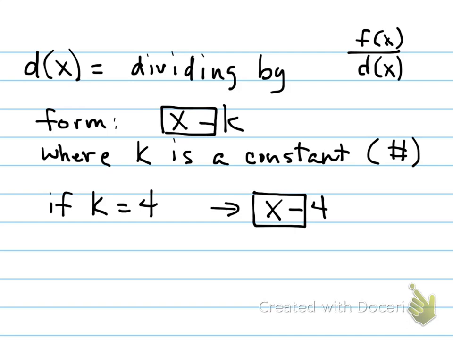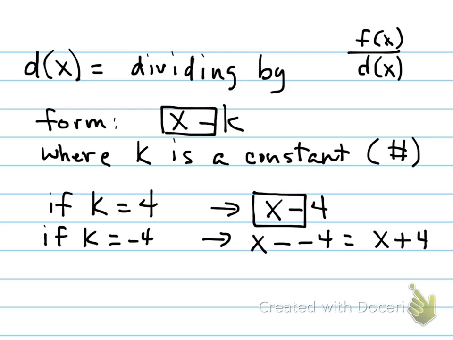Now, we've gotten so used to thinking of the number and the sign being together. But when I'm using this, all I want is the k, and so I want to leave the x minus behind. And I'm going to clarify that just a little bit more too. But look what happens if k is negative 4. X minus comes from the form. And what is my k? And what does x minus 4 become?